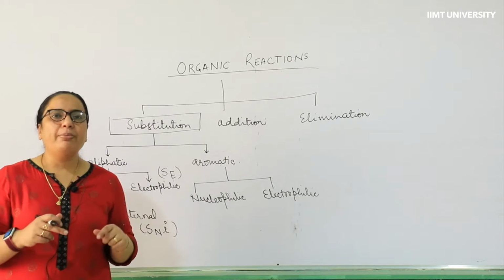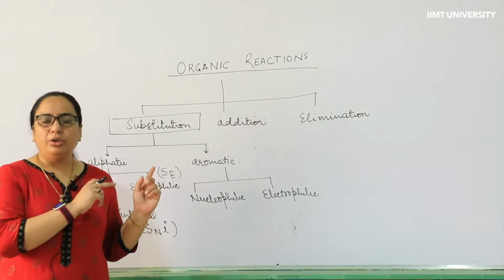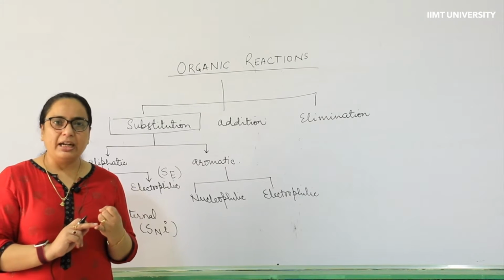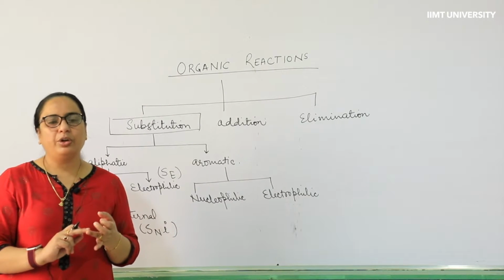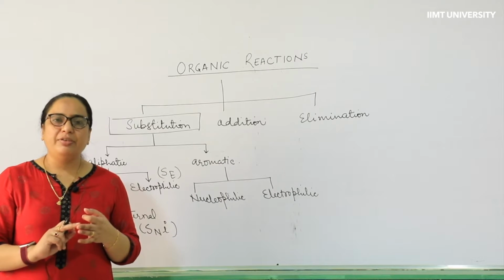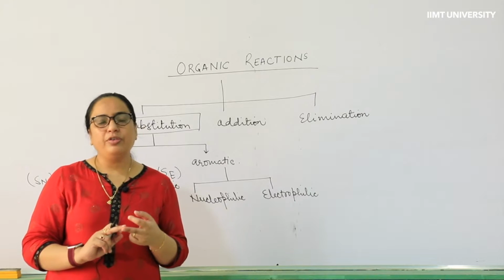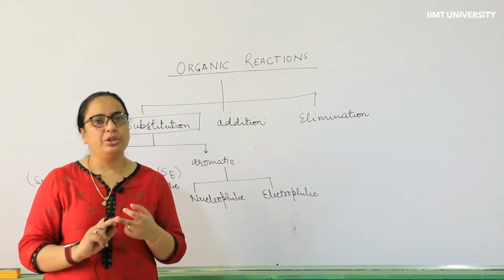Then in each type of the nucleophilic substitution reaction, that is SN1, what is the mechanism, what is the stereochemistry, what are the different factors which are affecting the rate of the reaction, and the potential energy diagram of each of the nucleophilic substitution reactions.